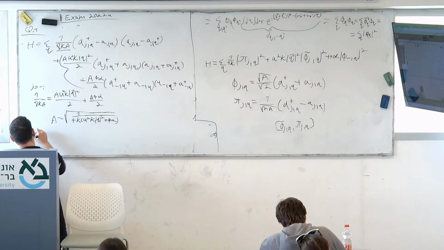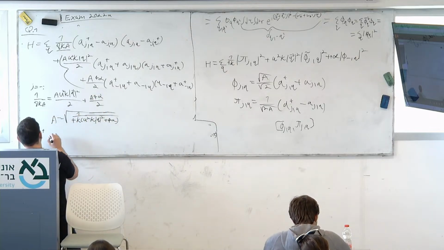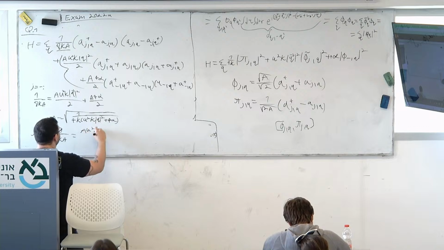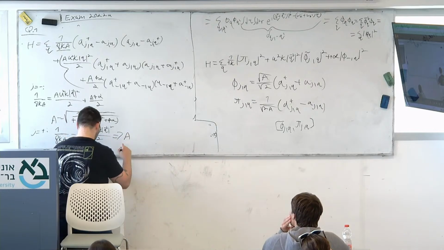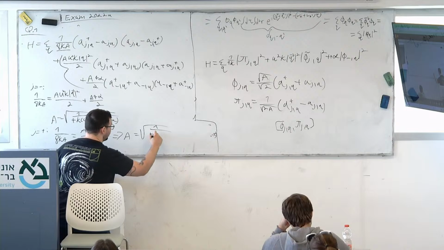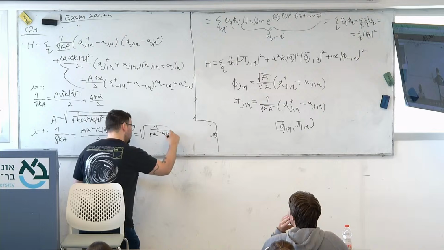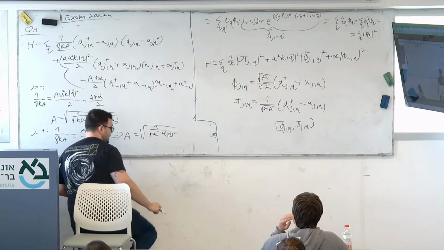Similarly, for j equals plus, I separated the cases because in j equals plus we don't have this term. 1 divided by 8 kappa a equals a u squared kappa Q absolute value squared divided by 2, or a equals square root of 1 over 4 kappa squared u Q u squared. Alright.